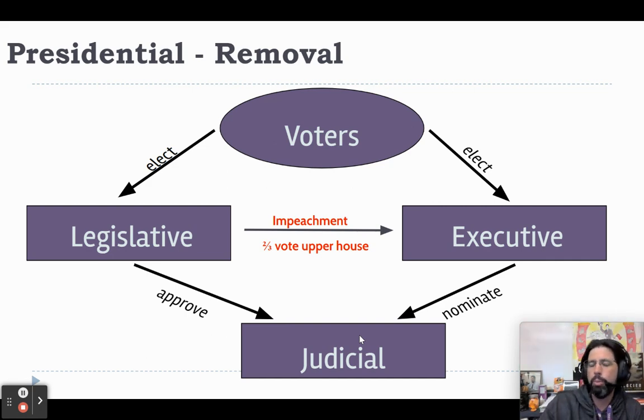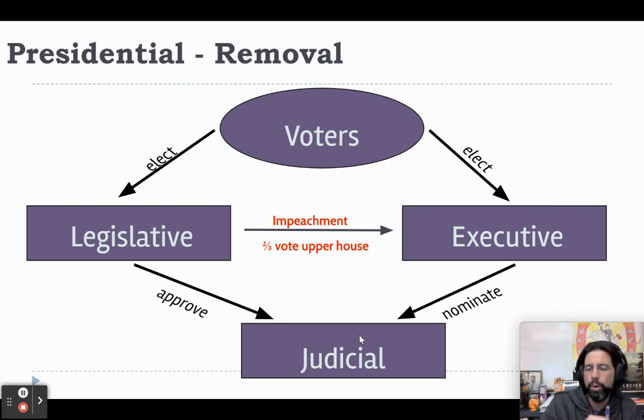The other difference with an impeachment as opposed to something like a vote of no confidence is there usually has to be some kind of crime that has happened where the president has broken the Constitution. We're not talking about speeding tickets or something like that. There actually needs to be a crime that we look at inside the Constitution, where it says the president has committed a high crime or misdemeanor, and that can get them removed from power.